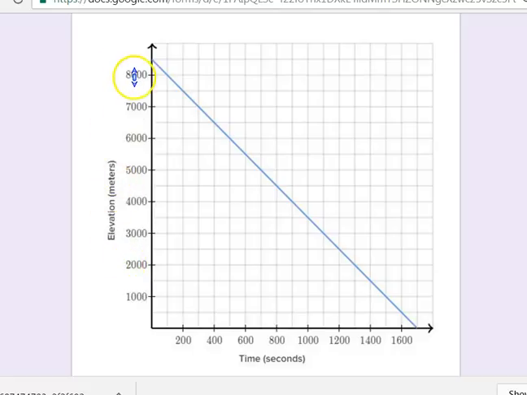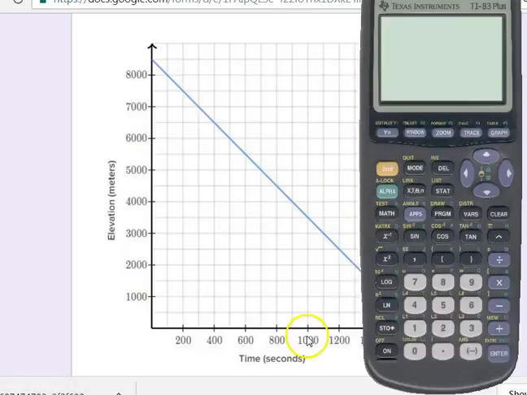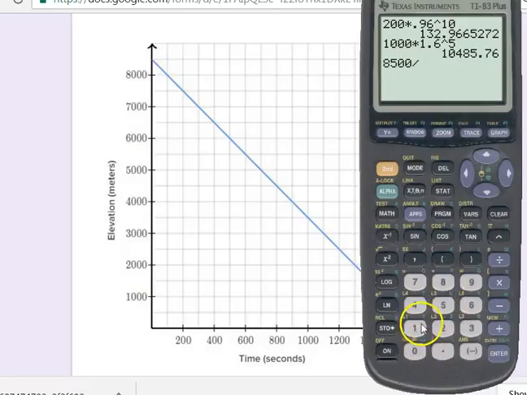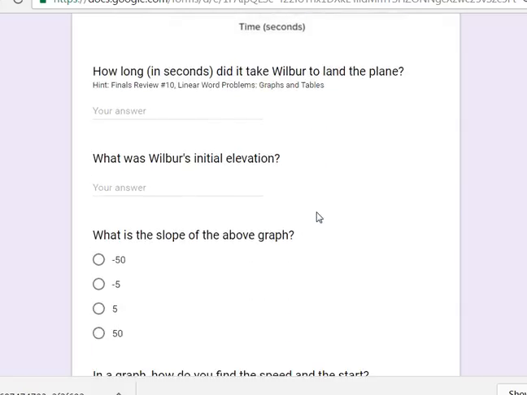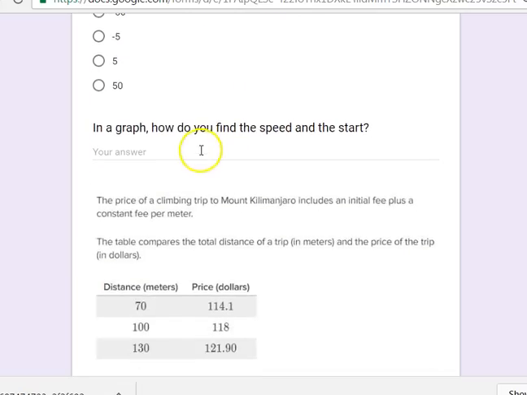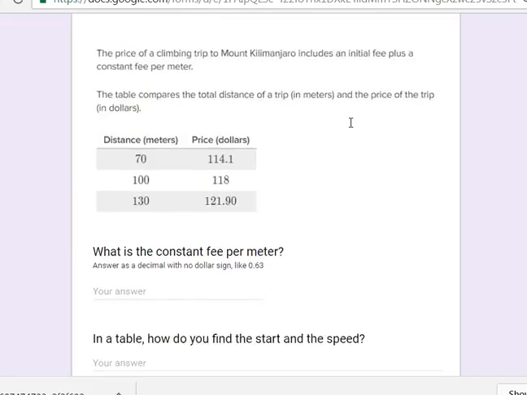Divide the distance up or down in this triangle, 8,500, divided by 1,700. And when you divide those two numbers, you get 5. This particular slope is -5 because it's going down. In a graph, the way to find the speed is by making a rise-run triangle. The way to find the start is by looking at the y-intercept.